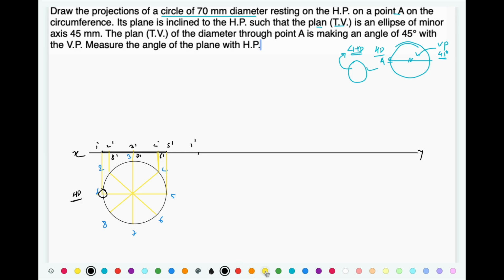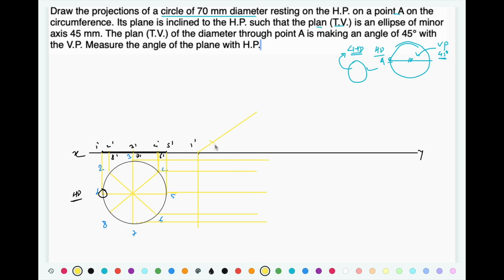Now similar to the previous example, instead of giving the inclination of this surface with HP, they have given the dimensions of the shape that we are going to obtain in the top view. So from those dimensions we are going to find the value of that inclination.